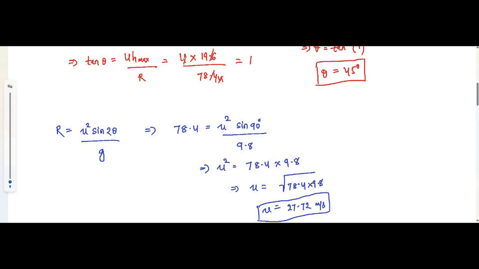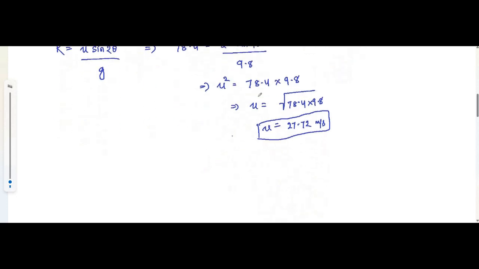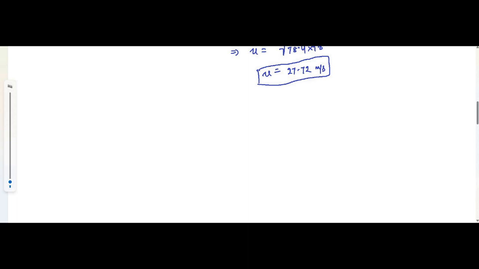That is the initial projection velocity. Now you can use the other approach also, going through maximum height. The formula for maximum height is equal to u square sine square theta by 2g.